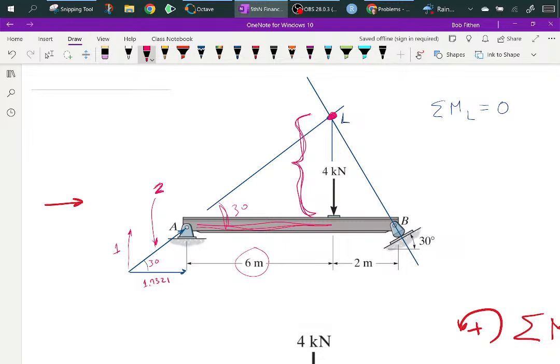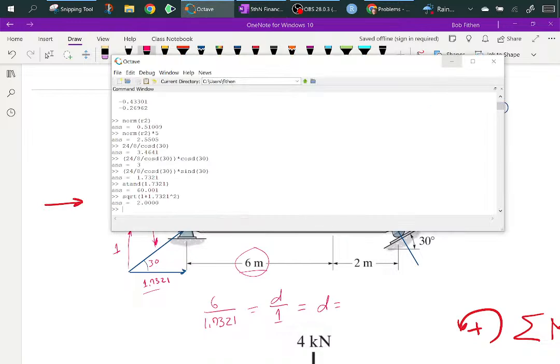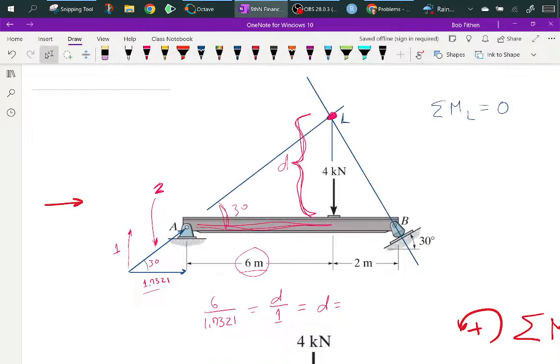Well, here, you could say 6 is to this, as this distance is to 1, or the distance is going to be, how about 6 divided by 1.7321, or 3.464.